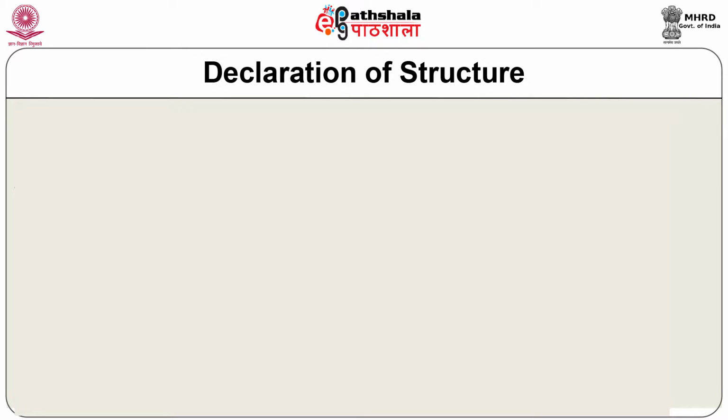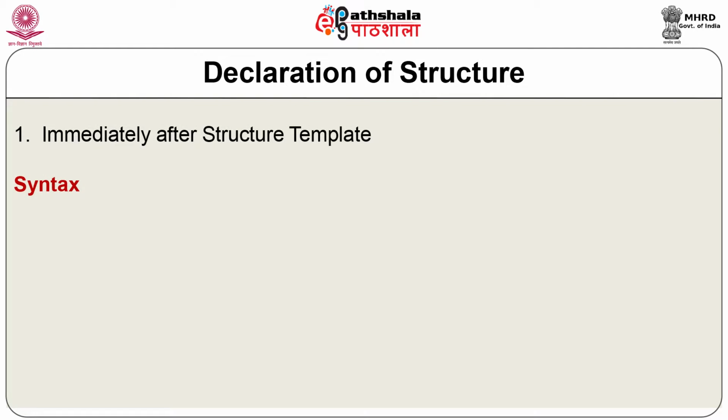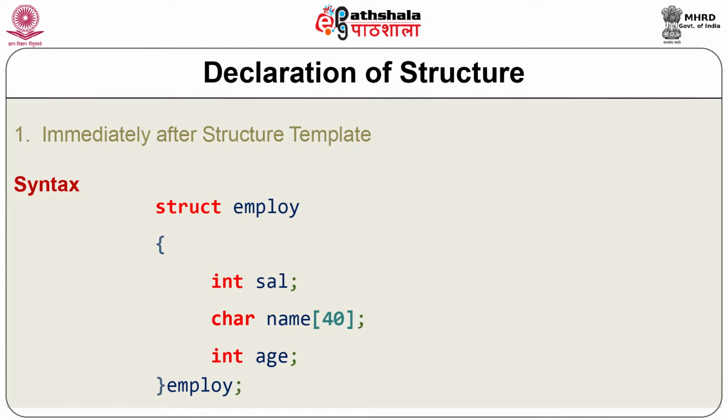Now, declaration of a structure. A structure can be declared in 3 different ways. First, immediately after the structure template. You can see the syntax. In this syntax, we are using struct employee.